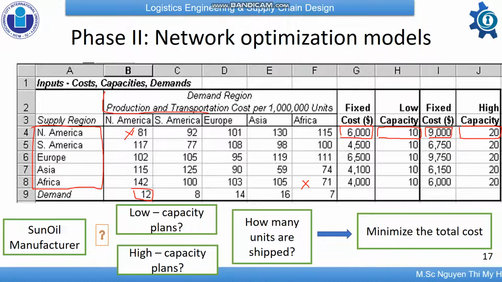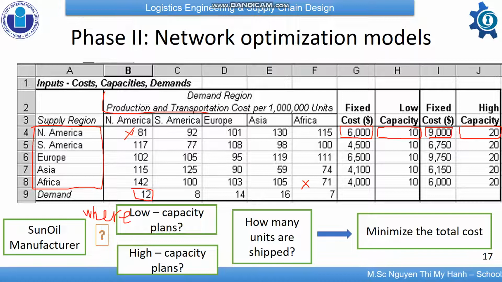And now Sun Oil manufacturer has to decide where they should open the new facility. First is where? In North America, South America, or Europe.